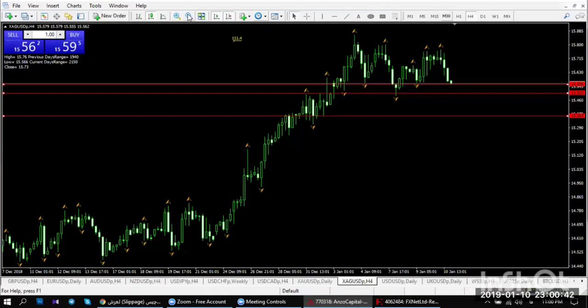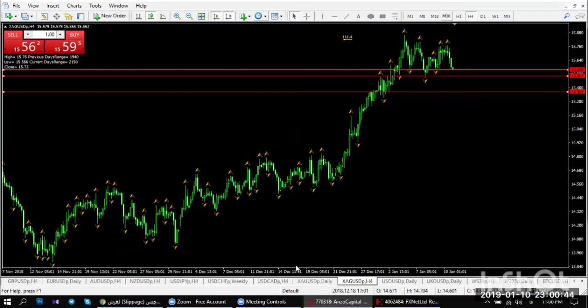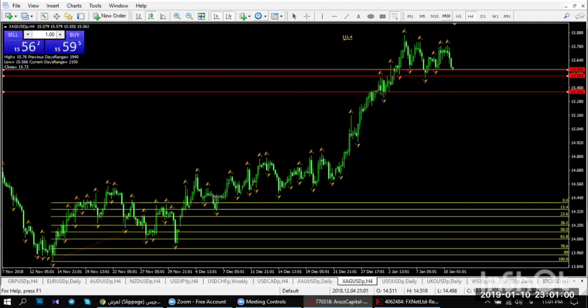Please zoom out so you can see the chart better. You have a midterm Fibonacci and a long-term Fibonacci. So should I draw it from here? Okay, I will draw the overall Fibonacci.